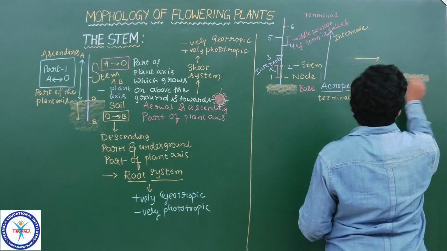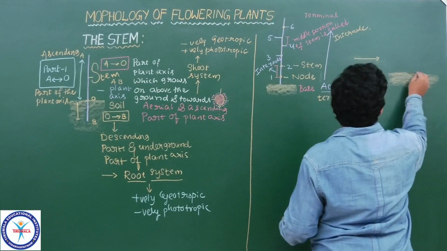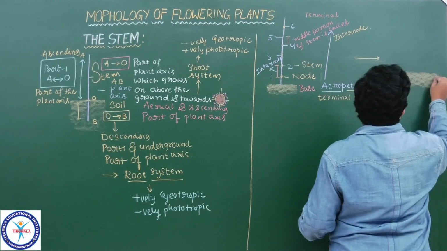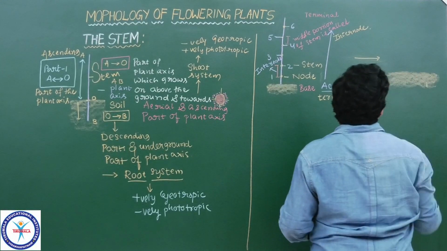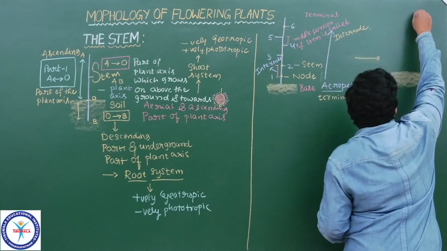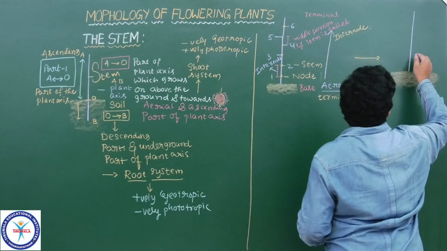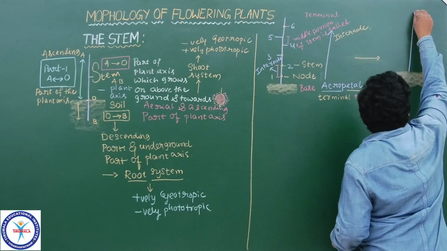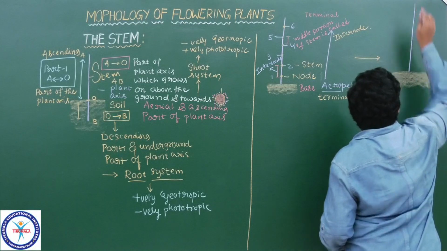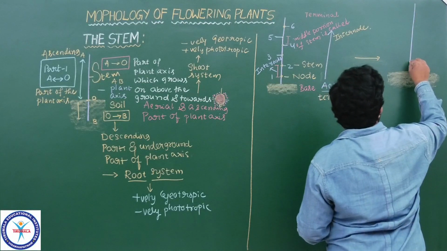This is the portion we call soil. Focus only on the stem, no need to draw or discuss root, we already completed it. It is the ascending part of the plant axis which we call stem, which is differentiated into nodes and internodes.